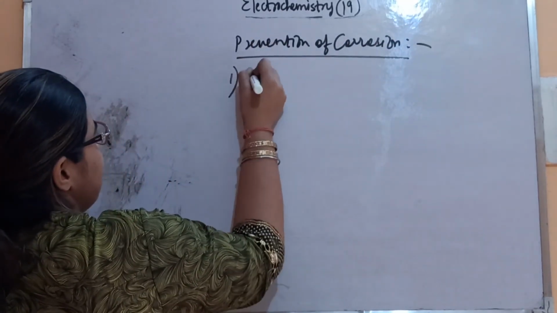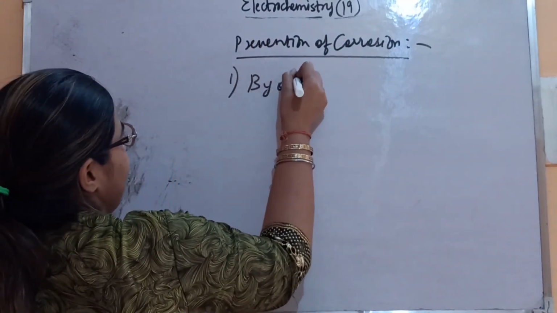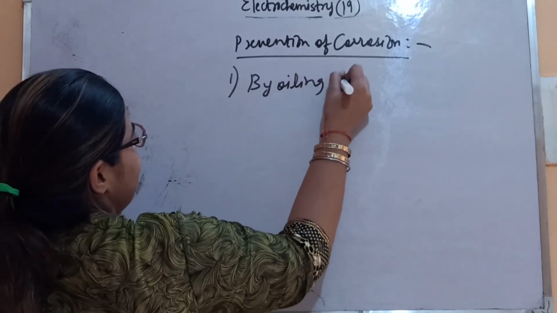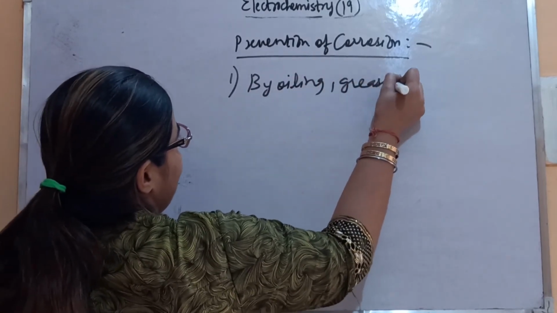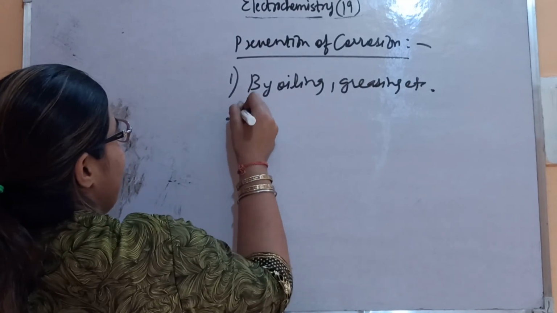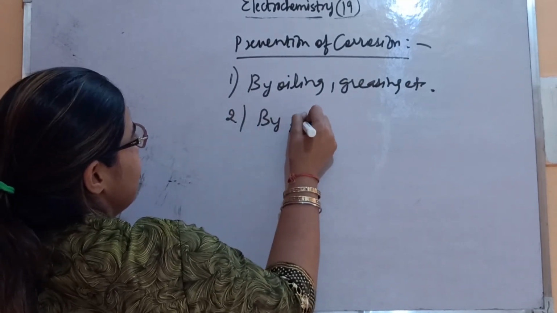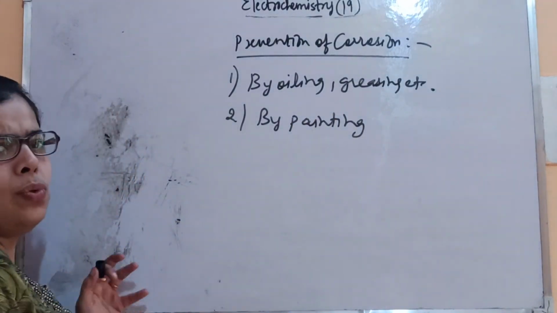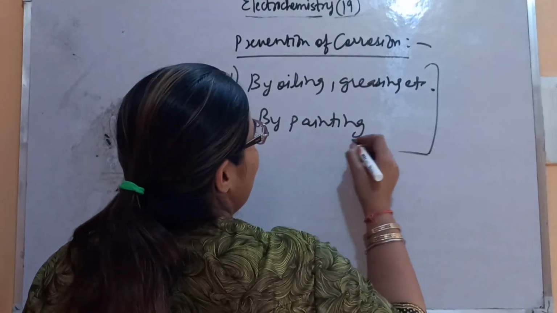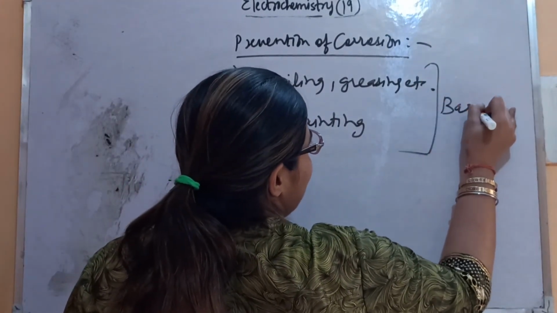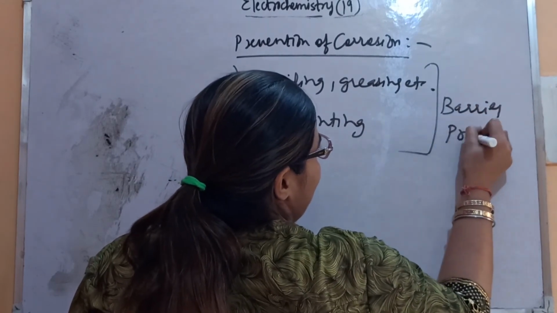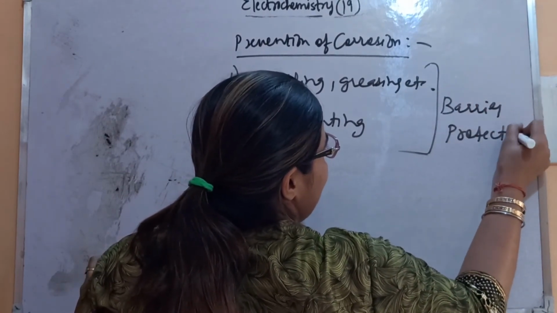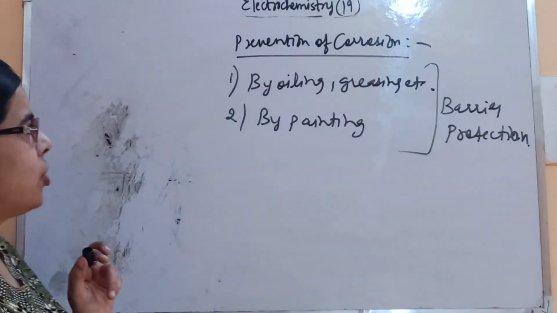First is by oiling, that is greasing, etc., and by painting, so that the metal does not come in contact with atmospheric gases like CO2, O2, etc. This kind of protection is known as barrier protection, protecting with a barrier.